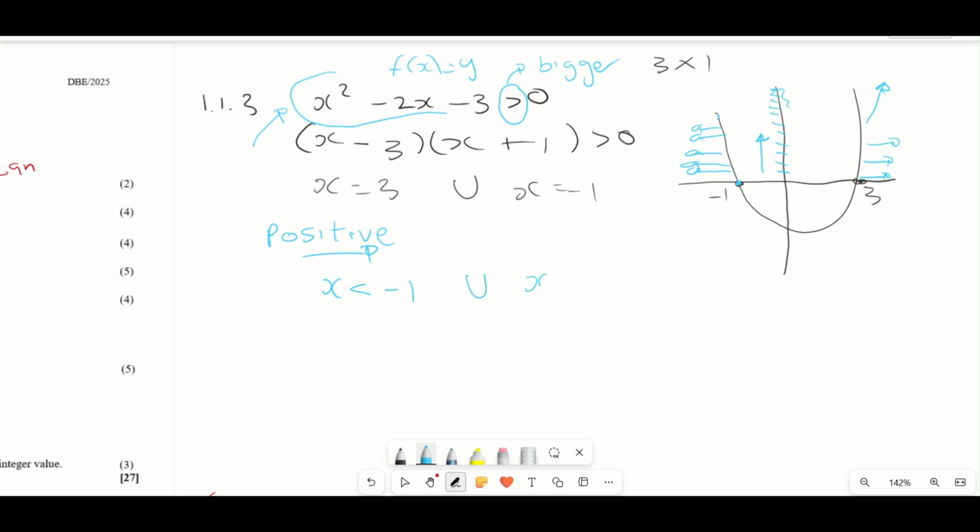Be mindful of this: I didn't include the -1, because if I place -1 here, I actually get 0. So x should be less than -1, or x should be greater than 3, all the x values that are greater than 3.